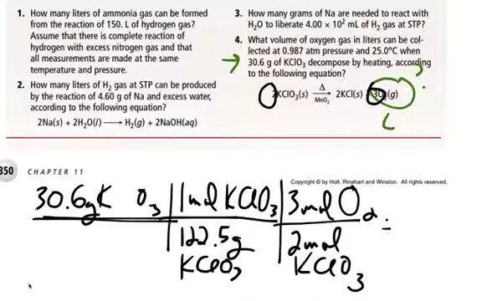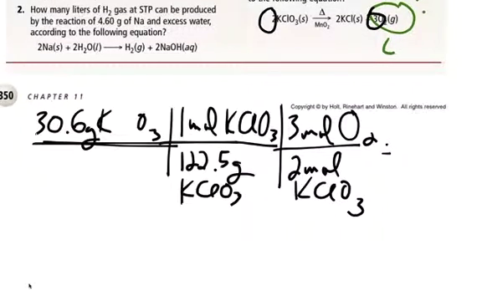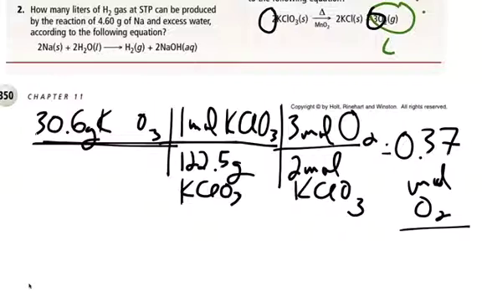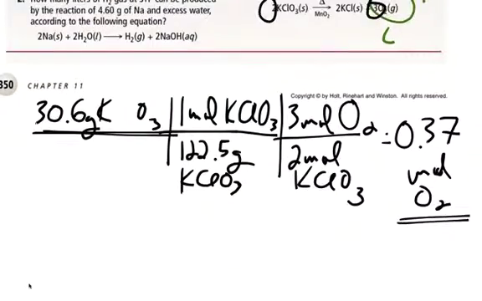We're pretty close, actually, to what's called SRP, our standard room pressure and temperature. But we don't have a good constant that we can throw in there that we know. So we're just going to have to solve for moles right now. So we have 0.37 moles of oxygen. Now, that's not the volume.